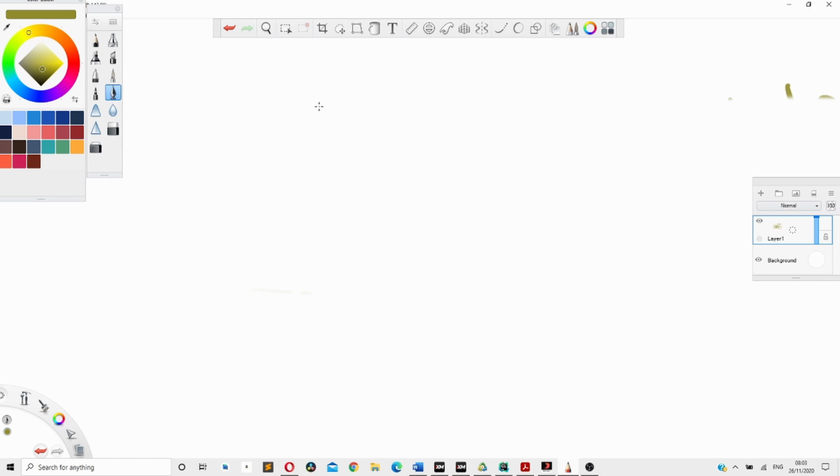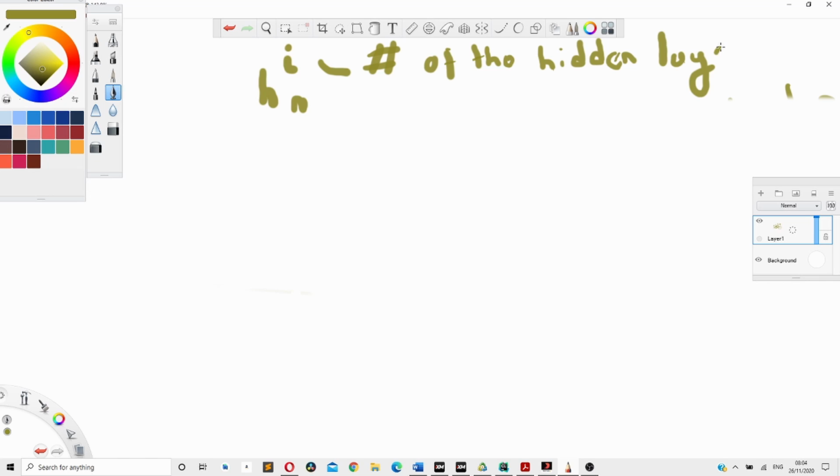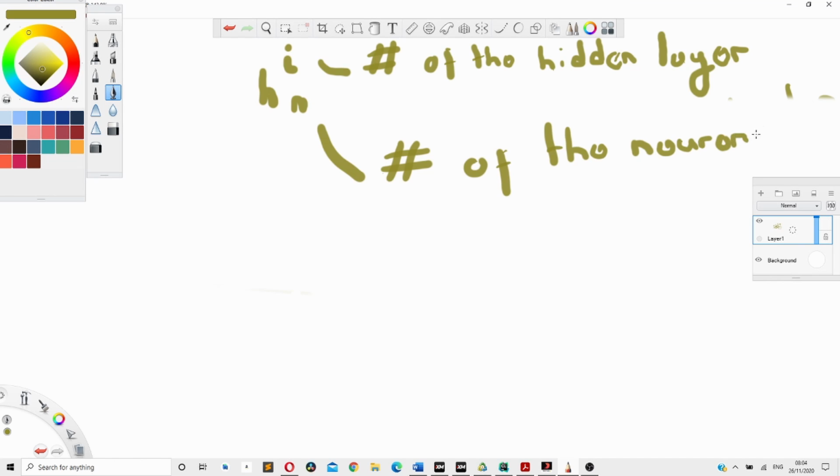We are going to have H I N, where I is the number of the hidden layer, and N represents the number of the neuron, right?